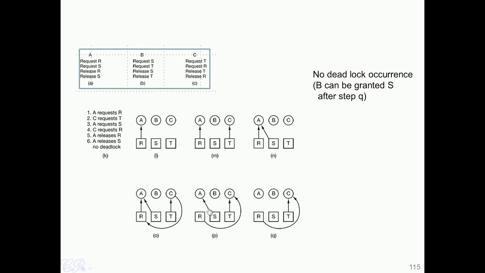Then A releases S and therefore, R can be allocated to C. So, you see that depending on the requests and releases, we are able to achieve a situation where each and every request or release can be serviced by the operating system. So, in such a scenario, we have not obtained the deadlock.